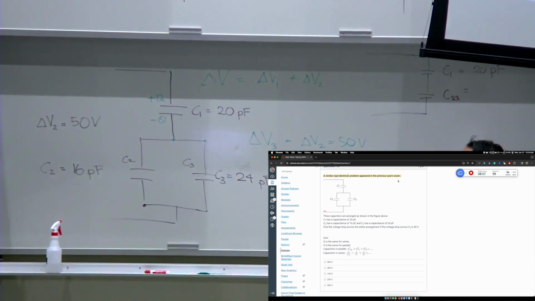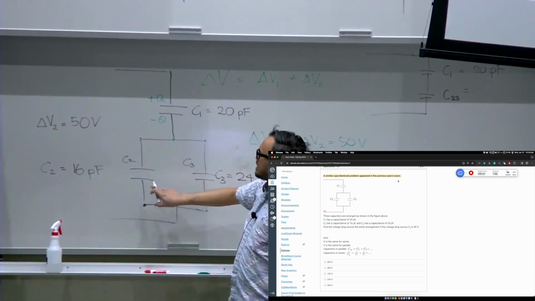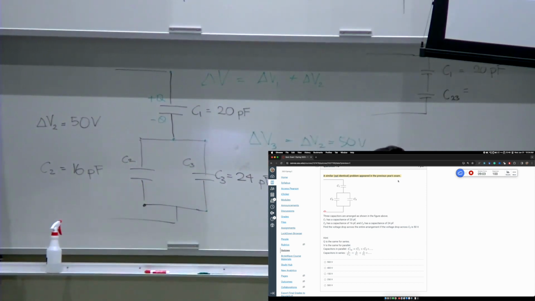And what is the combined or equivalent capacitor for parallel capacitors? The sum. 16 plus 24 is, so 40 picofarad.